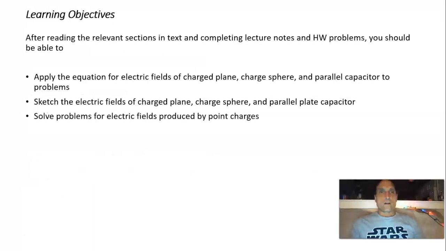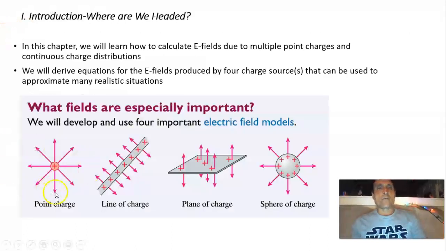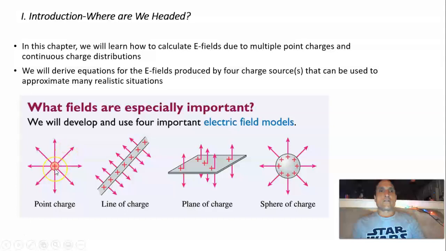Where are we? We've calculated the electric field for a point charge before, and we saw the electric field for a line charge. We saw that if you have a group of point charges, we can use superposition to get the electric field due to the several point charges.